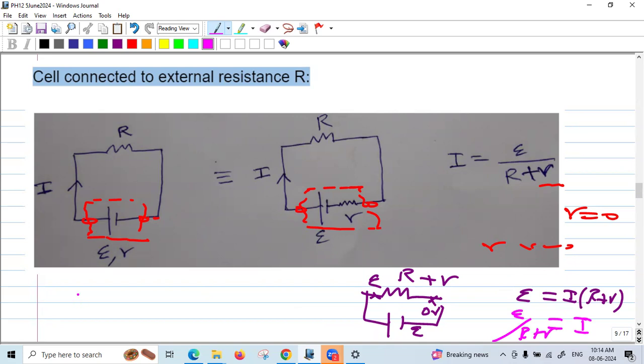If it's an ideal cell, the current will be E divided by R, where the small r is 0. So the current in a real cell is slightly less than the ideal cell value, and this will not be too different if it is a very small internal resistance.